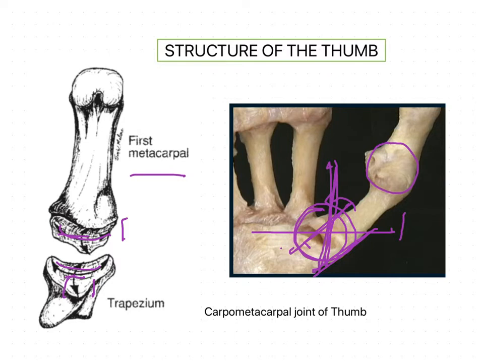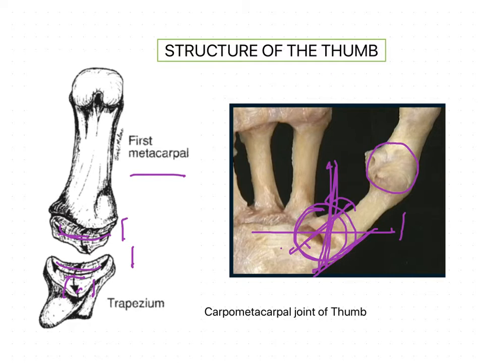The spherical portion is convex in all directions, so the circumduction movement takes place at this spherical shape. The base of the first metacarpal has a reciprocal shape to that of the trapezium, so all these movements take place in this manner because of the shapes of these bones.